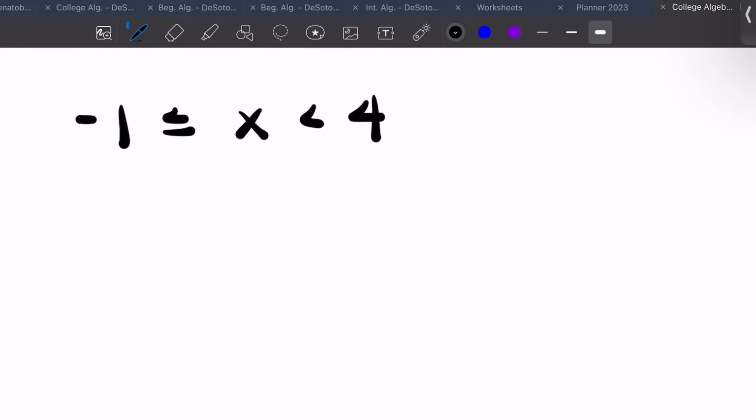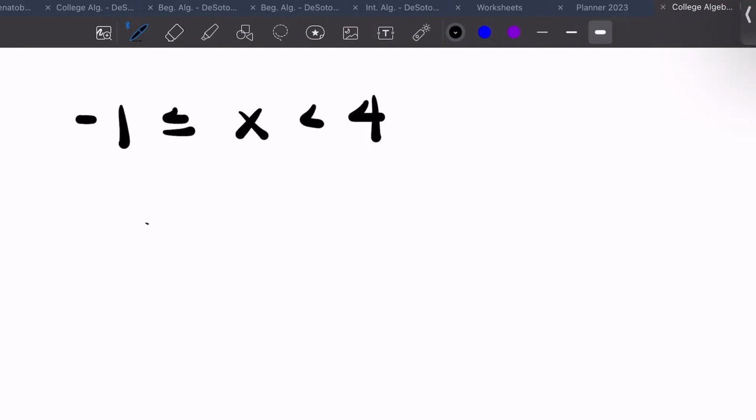I have x in the middle by itself, and now I have two things going on. And remember, okay, these should be the easy ones to get the interval notation, because on a number line, this means that x is in between, literally in between -1 and 4. Okay.